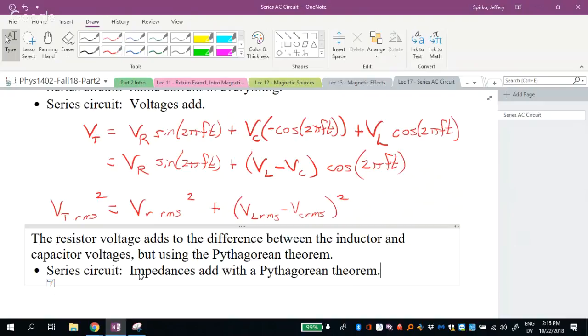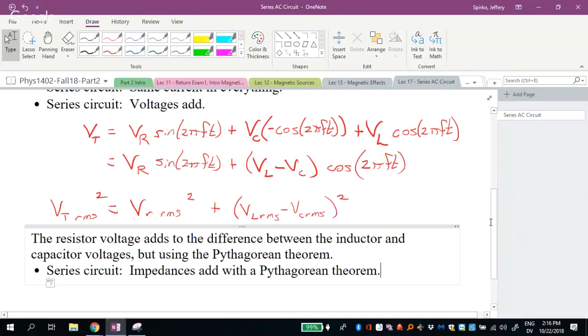And because the voltages add and Ohm's law works, it means the resistances add. The idea of resistances adding was because of the way the voltages add. And we have the same thing here: the way that the impedances combine is because of the way that the voltages combine.